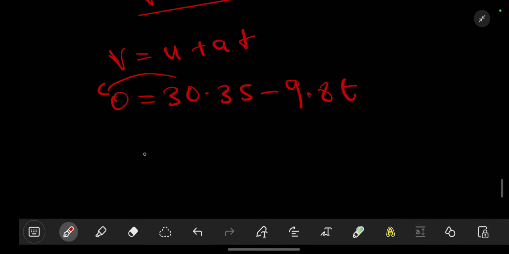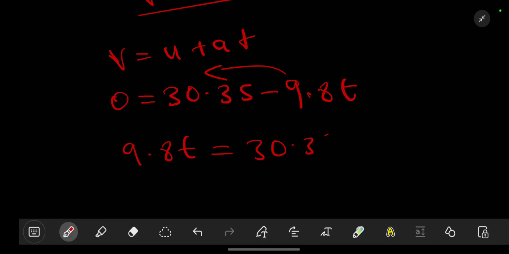We take this value to the other side, so it will be positive 9.8t, which should be equal to 30.35.